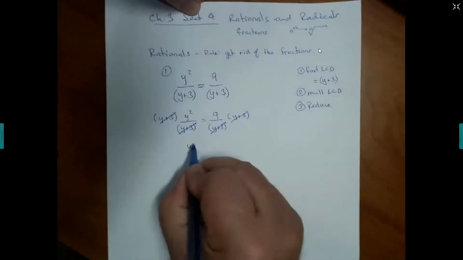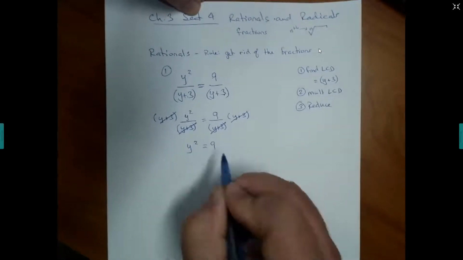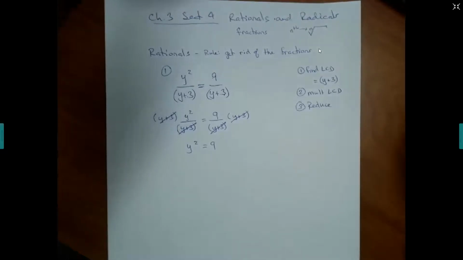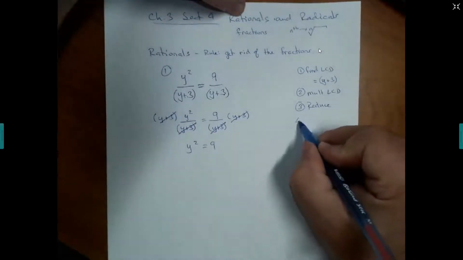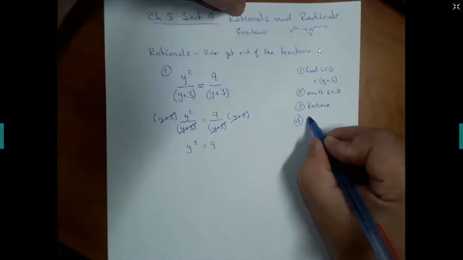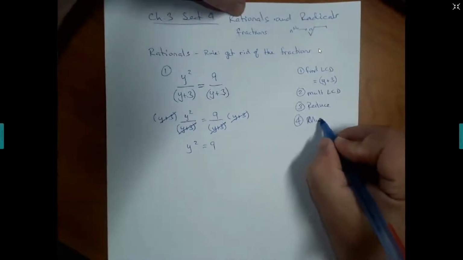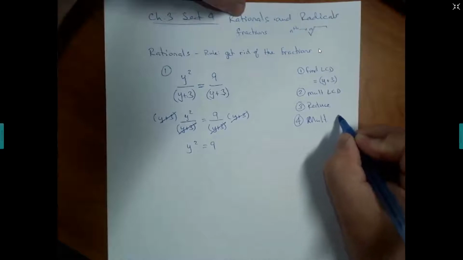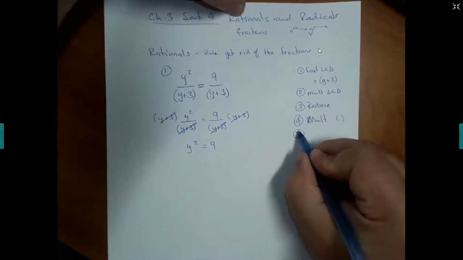So all we're left with is that. Multiply to get rid of the parentheses, and then solve.